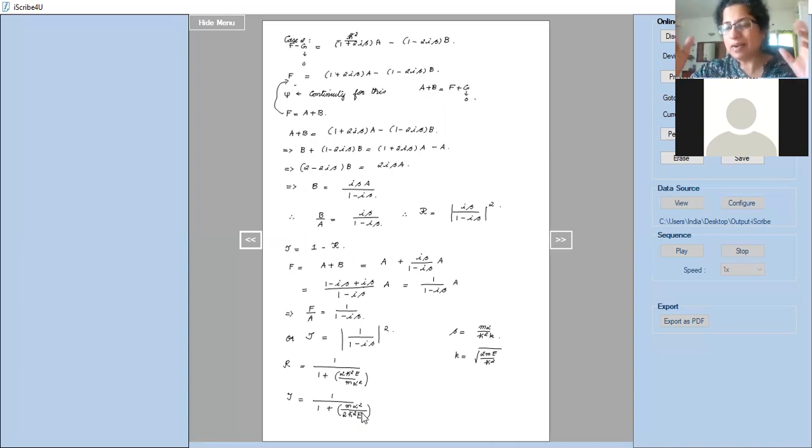The transmission and the reflection coefficients are going to remain identical. You will not be able to figure out whether it's a barrier or a well. But in the case of the well, there's one bound state. In the case of the barrier, you have essentially killed the bound state. It's not there anymore. Is that okay?